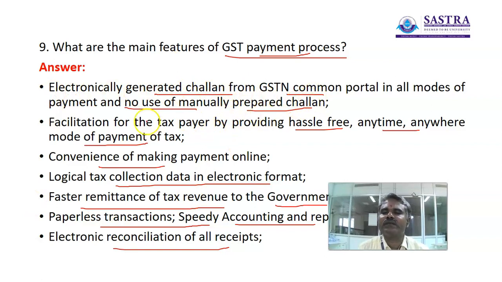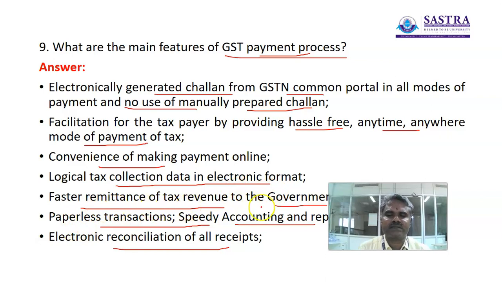So electronically generated challan from GST. I already told you the payment should be made only through electronic challan. Facilitation for the taxpayer by providing hassle-free, anytime, anywhere mode of payment of tax. Convenience of making payment online. Logical tax collection data in electronic format.